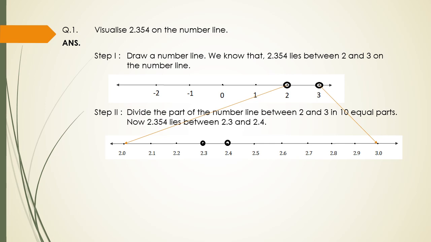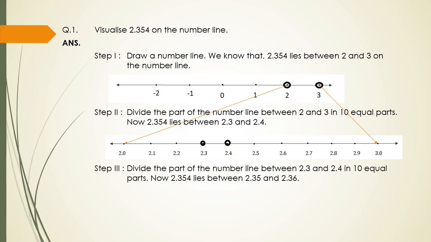If you try to locate it on the second number line which we have drawn, definitely it will come between 2.3 and 2.4. So once again, what are we going to do? We want 2.354 to be shown on the number line exactly. So once again, we are going to magnify the portion of the number line between 2.3 and 2.4 and divide that portion into 10 equal parts. Let us see what we get.